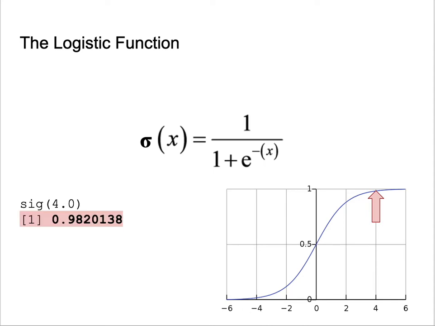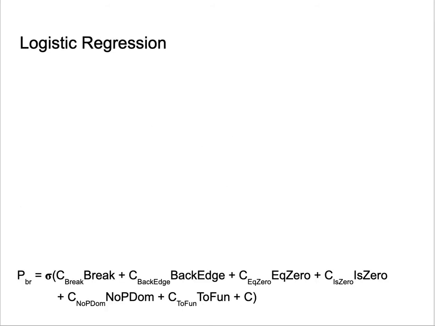For instance, let's consider the number 4. We get that sig of 4 is 0.98, more or less. If we agree that every number above 0.5 belongs into category 1, then we have that 4 belongs into that category.